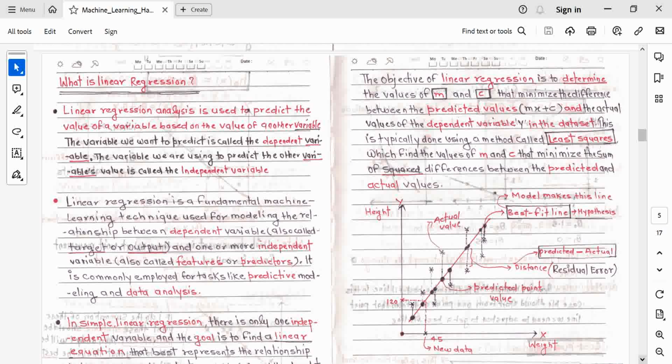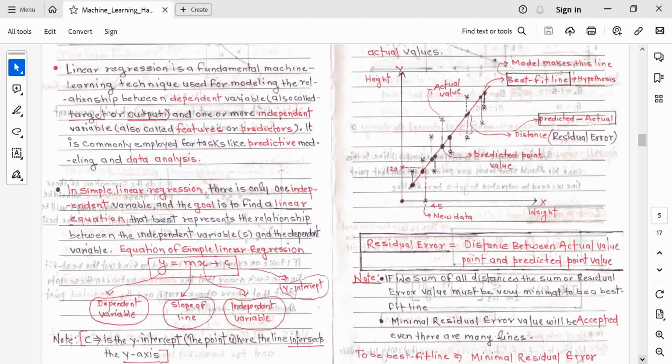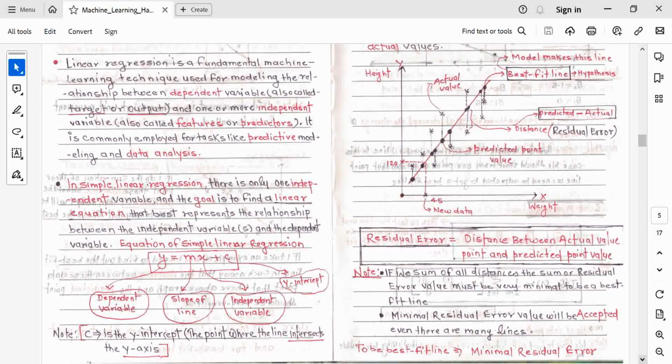It is commonly employed for tasks in predictive modeling and data analysis. It means we will predict the dependent variable as per the independent variables. The dependent variable is the output and it comes according to the independent variable.